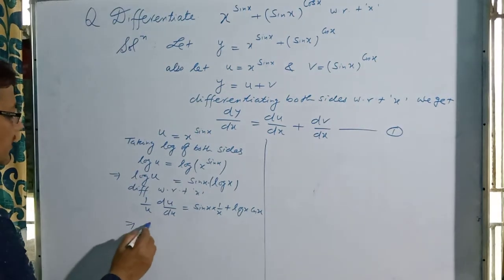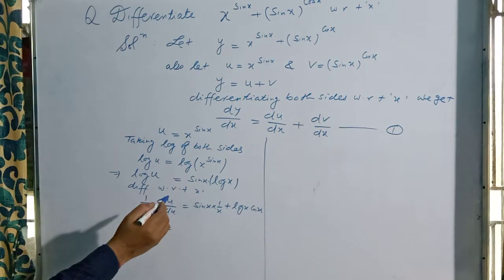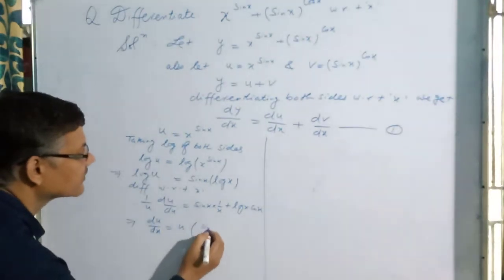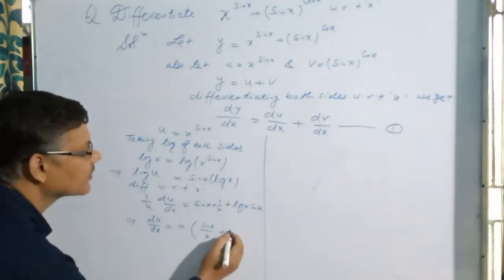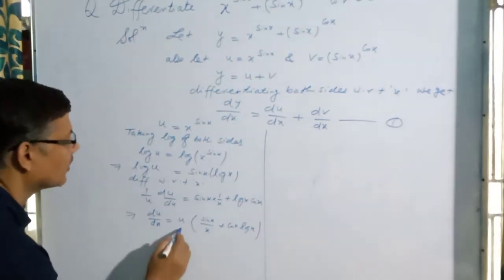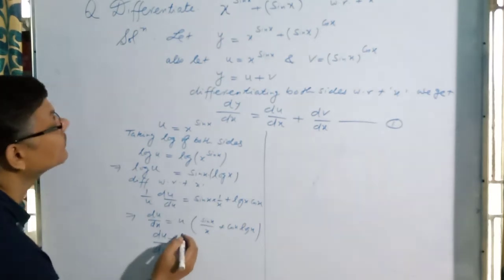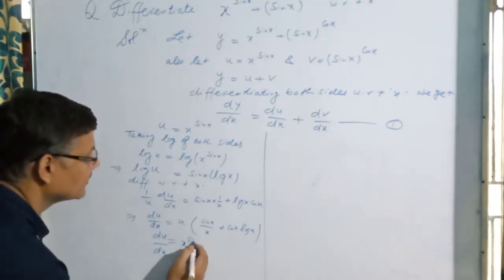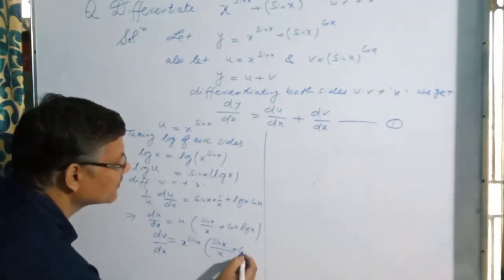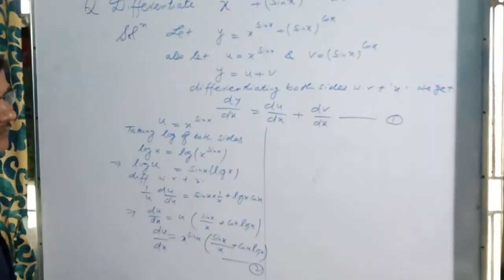So du by dx is equal to, when we cross multiply, u into sin x by x plus cos x log x. When we put the value of u, which is x power sin x, we get du by dx equal to x power sin x into sin x by x plus cos x log x, and it is equation number 2.